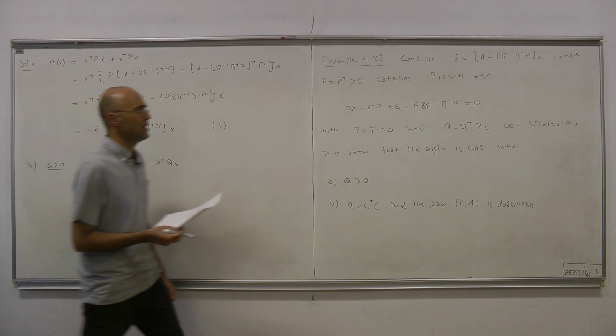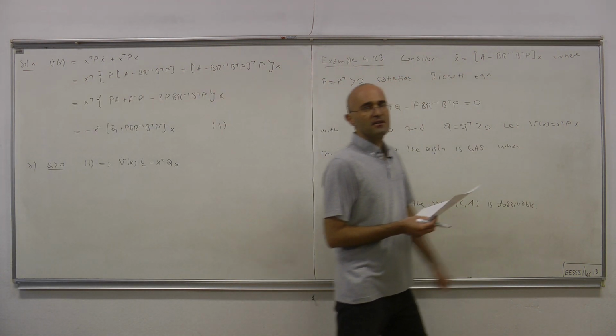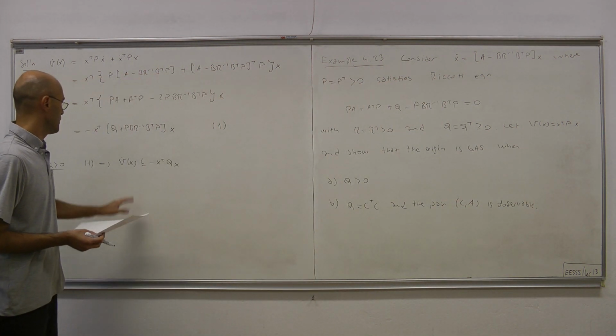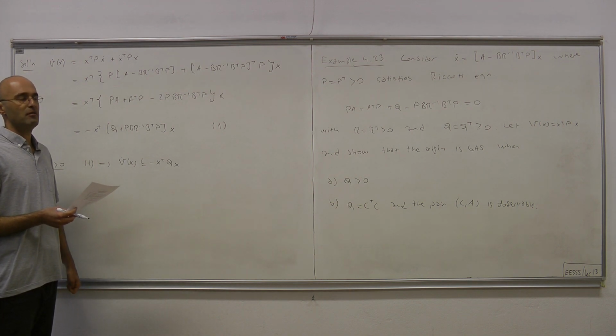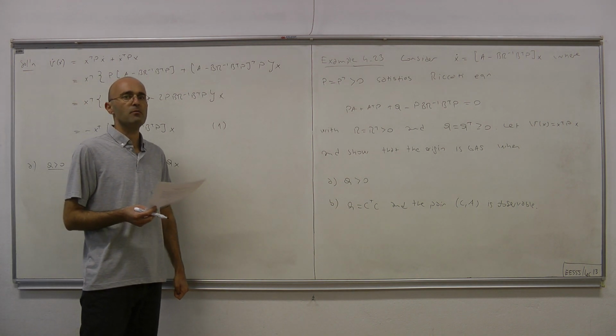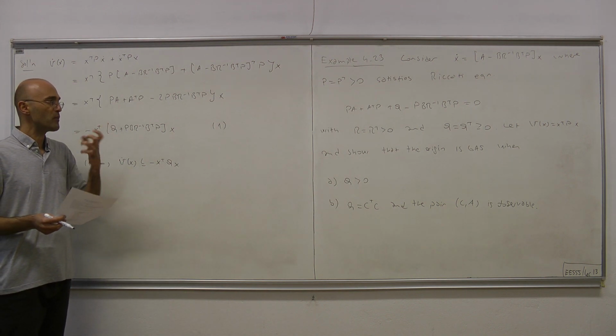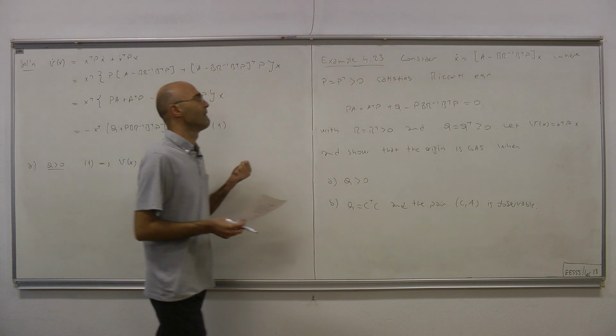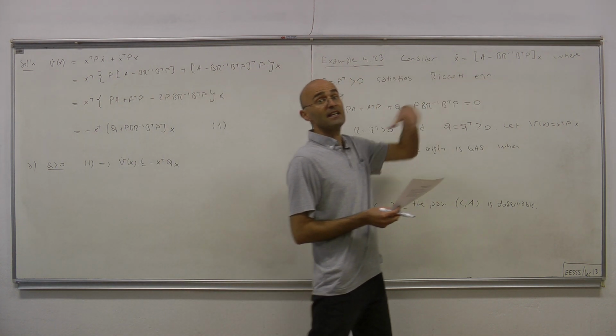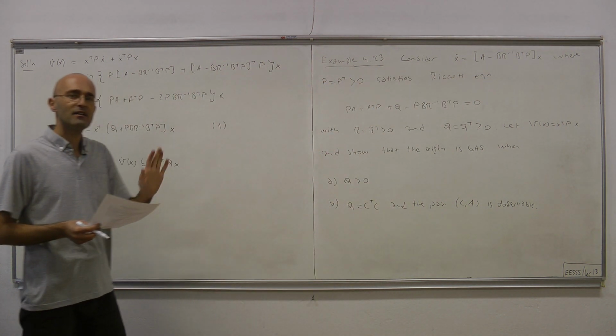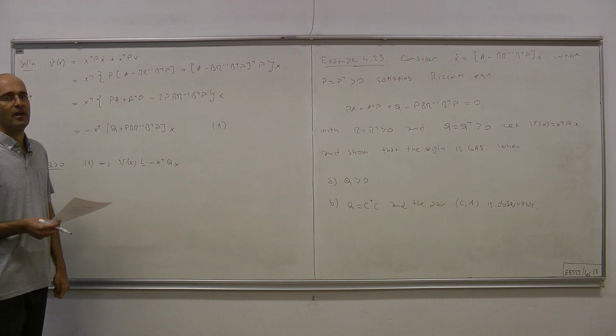So what we have is a positive definite radially unbounded function with a negative definite derivative. By Lyapunov's stability theorem, we have global asymptotic stability of the origin. Okay, note that we established asymptotic stability of the origin of a linear time invariant system without looking at the eigenvalue locations.